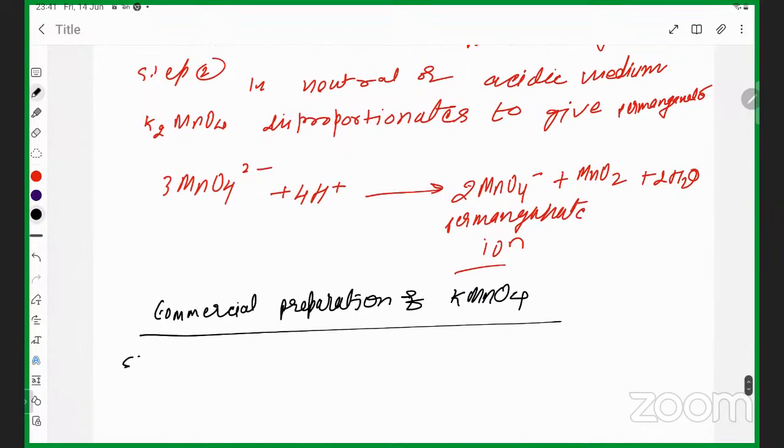Okay, step 1. Step 1 is the same. So step 1 is the same means we are taking MnO2, right?